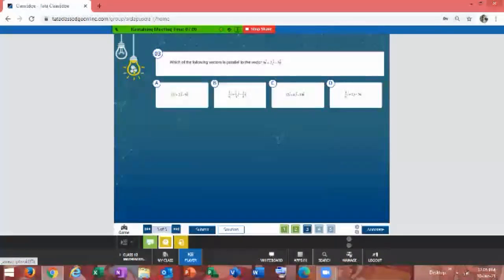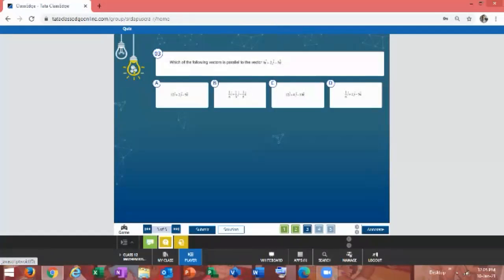Which of the following vectors is parallel to the vector 6i cap plus 2j cap minus 5k cap? Quick.